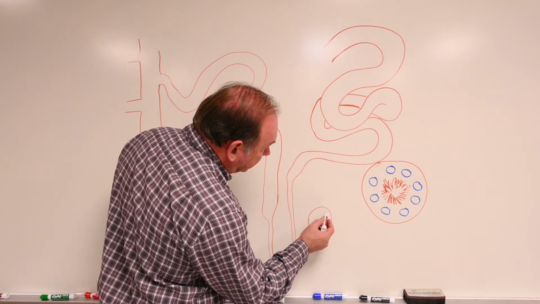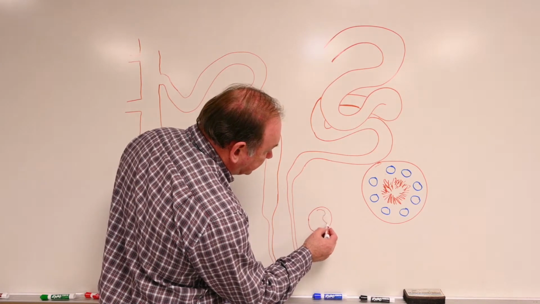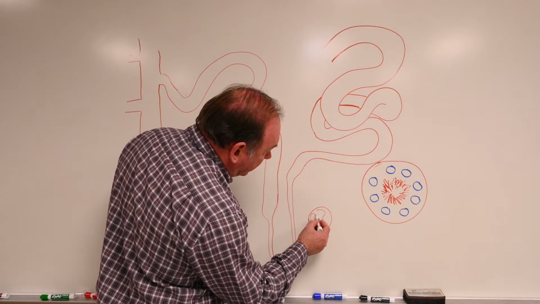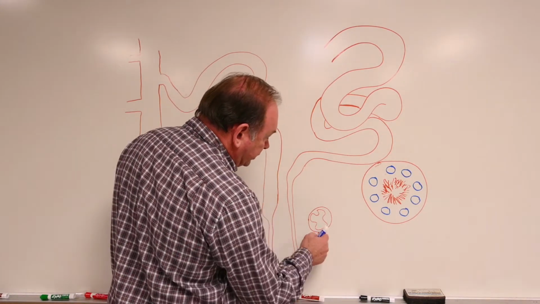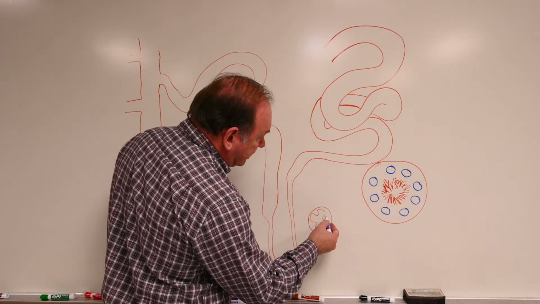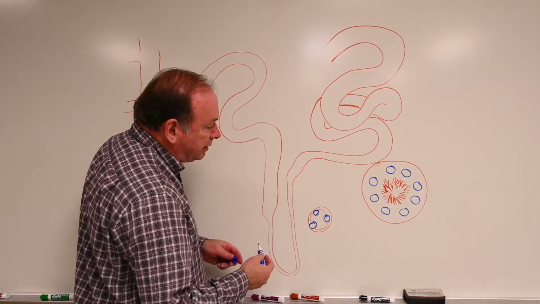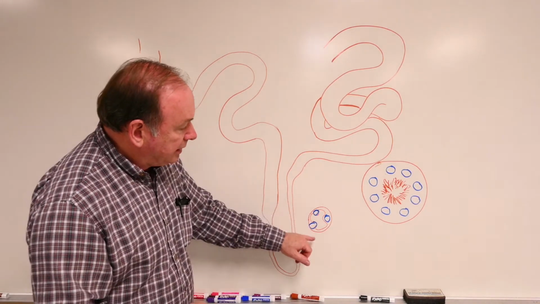It's going to have a very clear center, and you have low cells, and then you have a nucleus bulge out, and then you have low, then a nucleus bulge out, and then it'll be low, and a nucleus will bulge out. So you'll have a very tiny cross-sectional area of the space in there, and here's a nucleus here, a nucleus here, a nucleus here, around the wall of that loop of Henle in there.